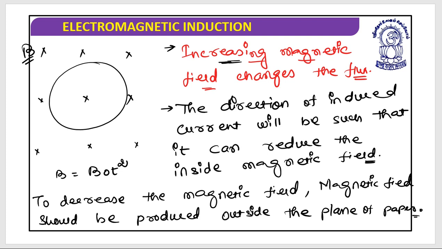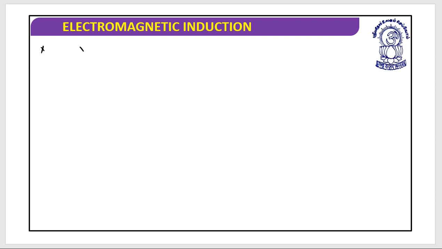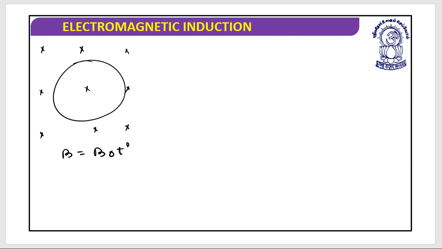Now, to produce the outside magnetic field, it is something like this. This is B = B naught t squared. To produce the magnetic field outside the plane, according to the right hand rule that we have learned in moving charges and magnetism, you need to produce a current in the anti-clockwise fashion.